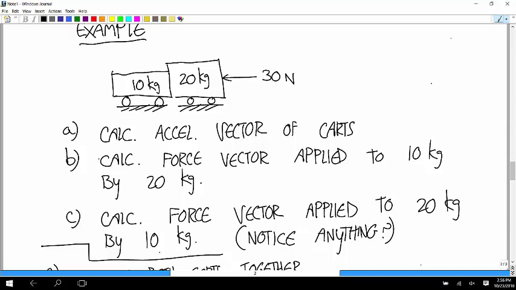And if we isolate the 20, we know it's accelerating that way at 1 meter per second squared. So that's what we're going to use when we isolate those two individual ones. This is also a technique that's going to be important in a lot of problems. If you need to calculate the acceleration, first isolate everything together. Then you can use that acceleration you calculated when you isolate the individual ones. Any other questions before I start isolating these individual carts?